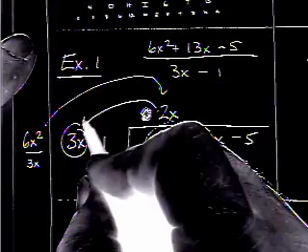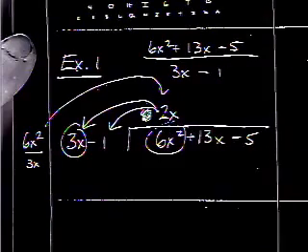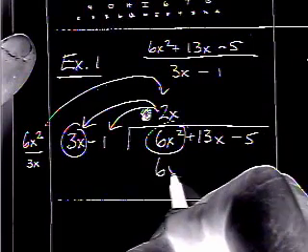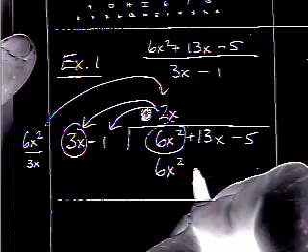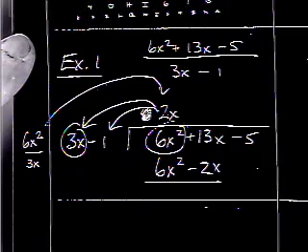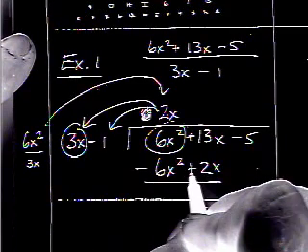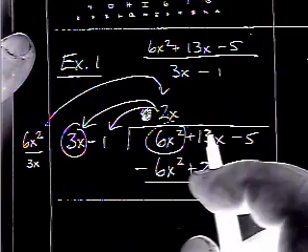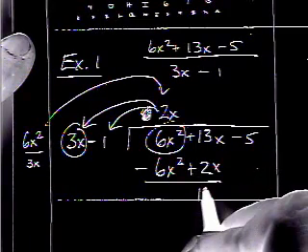So now I want to distribute this to both of these things. 2x times 3x is 6x squared, and 2x times -1 is -2x. Make sure you put them in the like columns. We are going to distribute a -1 and add down the columns.